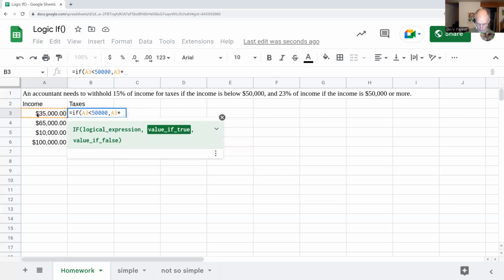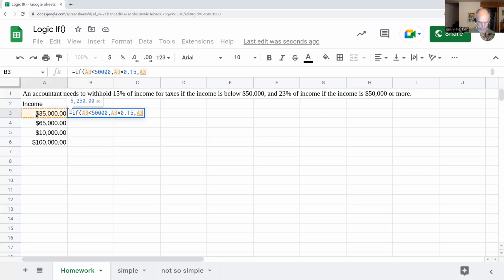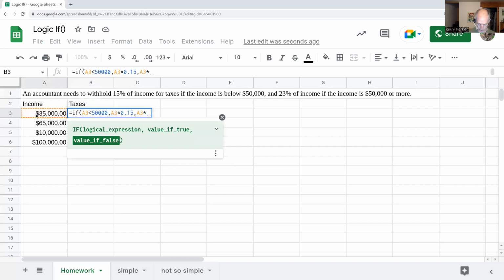Percent is out of 100, so that would be 15/100ths. If that's not true, it must be greater or equal to, so then we'll take that same income and multiply it by 23%. 23 percent is out of 100, so that would be 23/100ths.